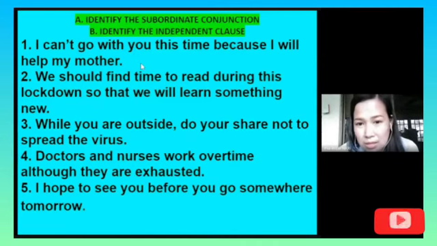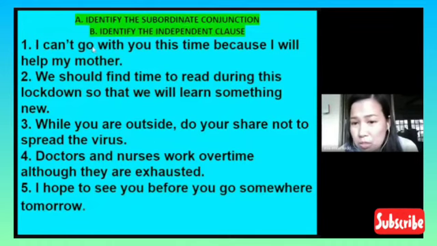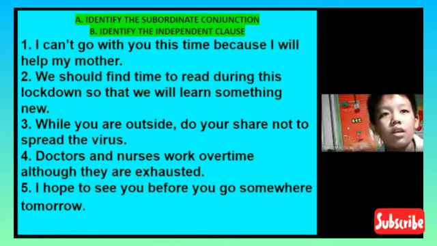I can't, di ba, alam niyo naman kung nasa na yung subordinate conjunction. Because, automatic, kasama niya yung second clause. Because I will help my mother. Automatic, yan yung dependent clause mo or yung subordinate mo, di ba? So, automatic, I can't go with you this time is your independent clause.